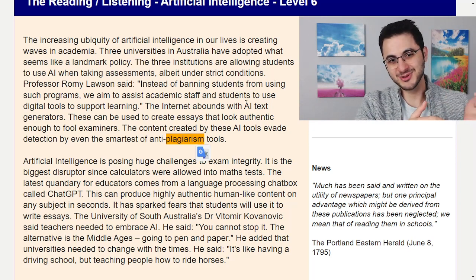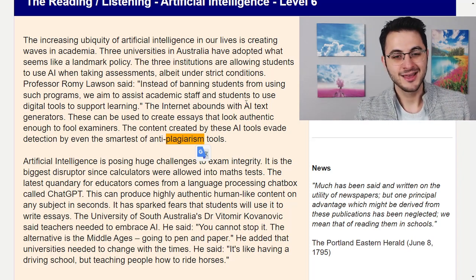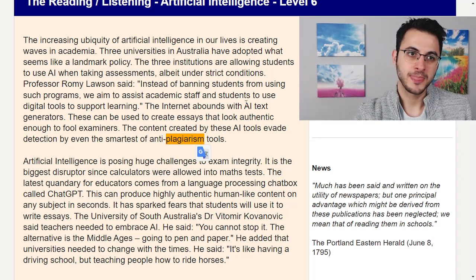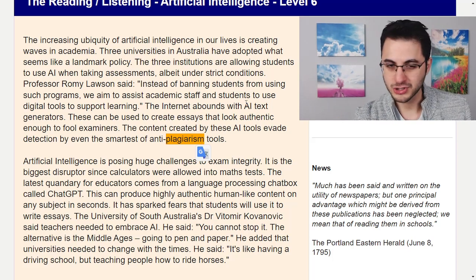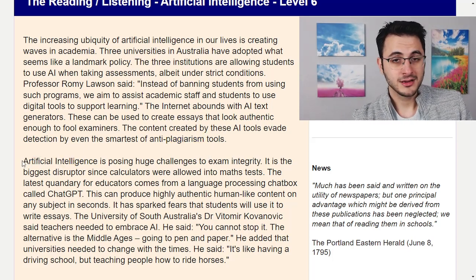And the plagiarism tools keep becoming better so that they can tell the difference. And many universities are using those plagiarism tools because they want to prevent AI's usage in homeworks, etc. It's a very interesting issue. I'm not sure what will happen in the end, but it's quite interesting right now.